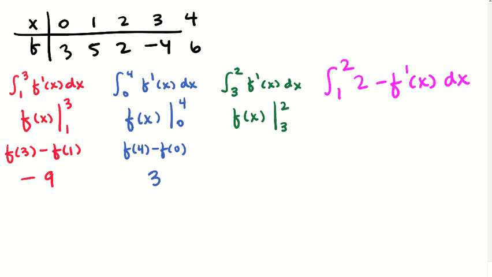And we're going to plug in 3 and 2, so this is f of 2 minus f of 3. But then notice that f of 2 minus f of 3 is the negative of f of 3 minus f of 2. So you can see that if you reverse the bounds of integration, once you get that antiderivative, you're going to end up with the opposite difference. So you'll just have the negative of what you would otherwise. So f of 2 minus f of 3 is going to be 2 minus negative 4, which is negative 6.